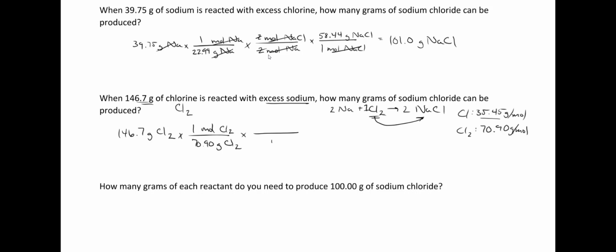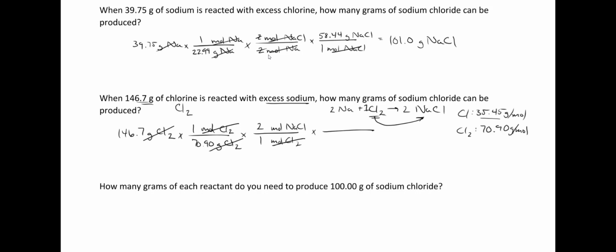So if we want to go from moles of chlorine to moles of sodium chloride, we see that every 1 mole of chlorine gives you 2 moles of sodium chloride. Going back, let me cancel some units. And if I stopped here, I would know how many moles of sodium chloride I would get.